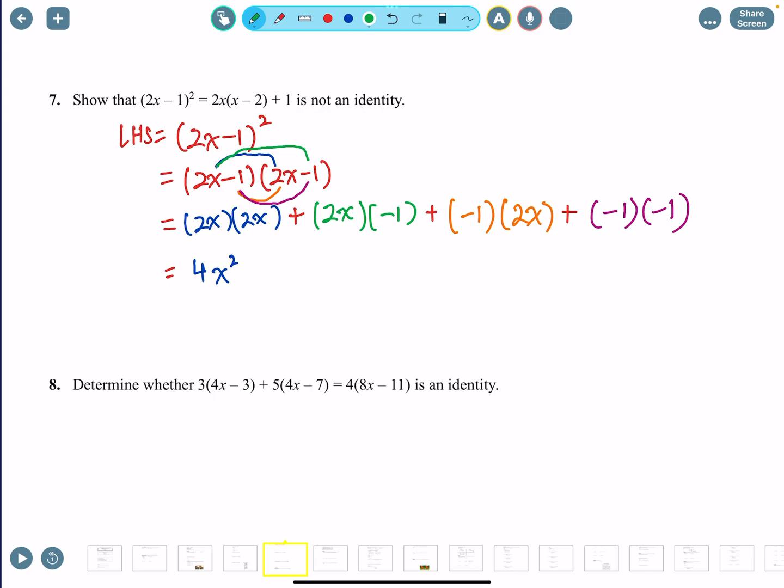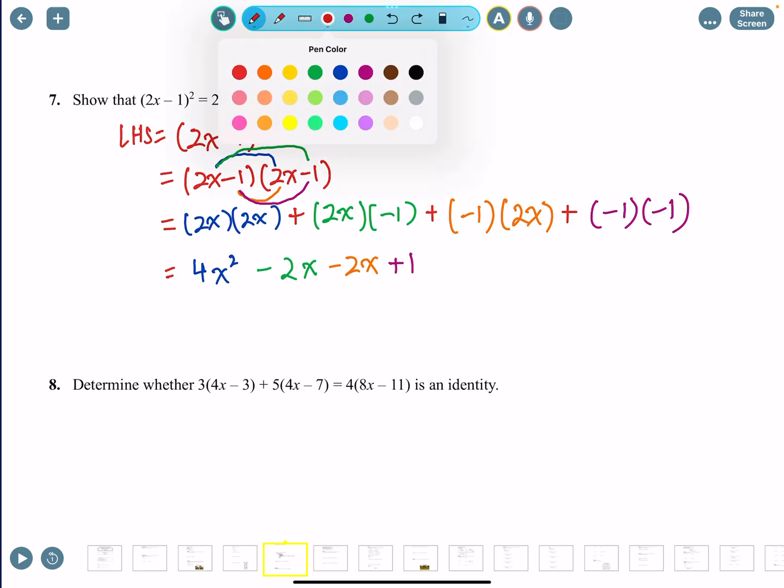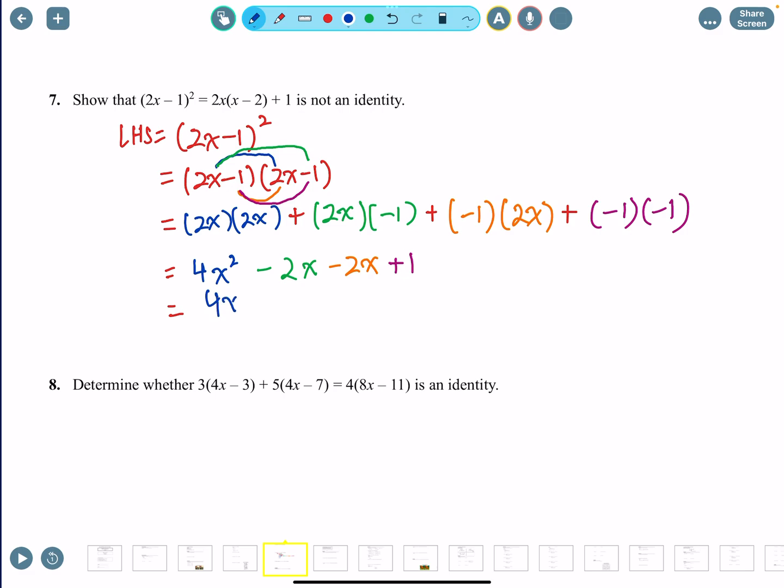Anyways, next, 2x times negative 1, because of the negative, becomes negative 2 with the x next to it. For the orange one, again, negative 2x. The purple one, negative 1 times negative 1, use your calculator, is positive 1. Now, these two are actually like terms, so you can combine them. It will become 4x squared.